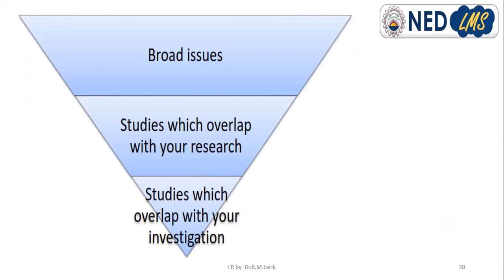Research is basically done with some specific issues, not with broader issues, not on the surface area, not the general words, right? So you have to be very specific about your problem, very focused, right? And finally, you are converging to some point, focusing on your investigation: what you want to investigate, what problem you want to solve, and by which method.